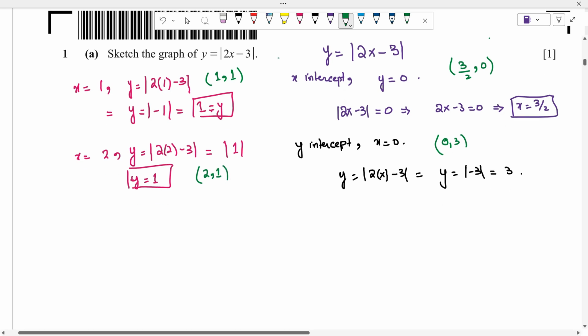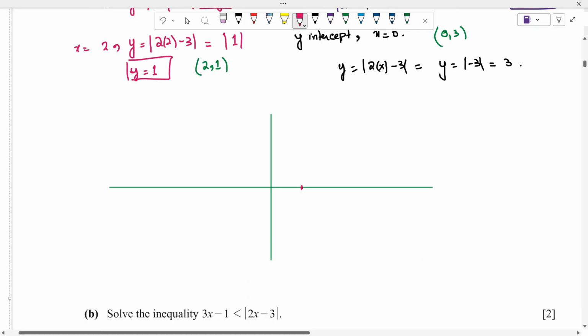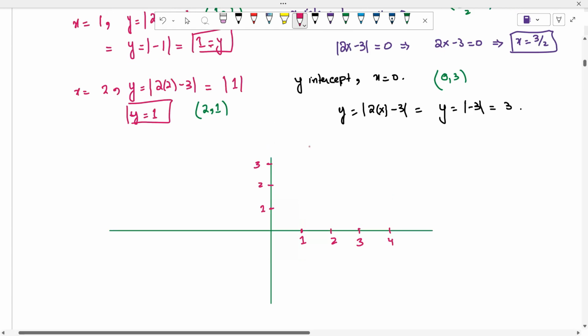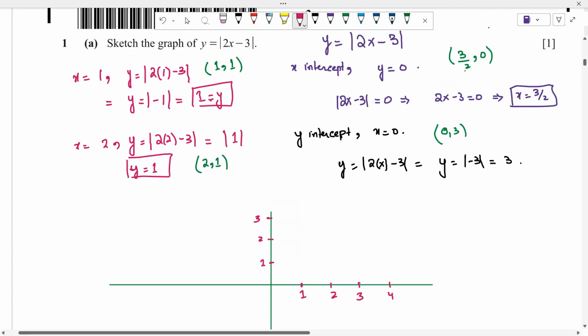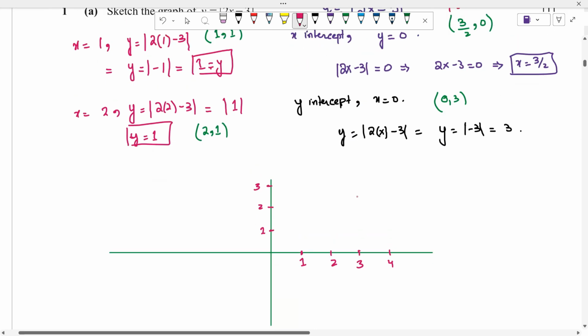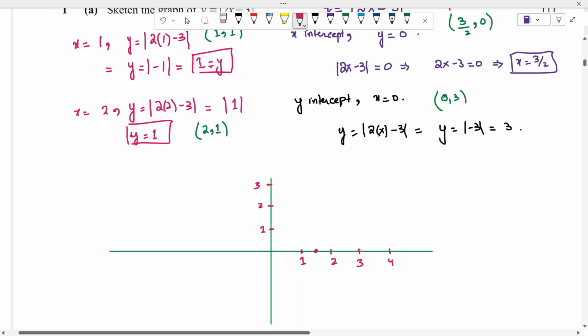Now let's plot it. This is the x-axis: 1, 2, 3, and this one is 4. And the y-axis has 1, 2, and this one is 3, suppose. Now we have to plot 3 over 2, which is 1.5, so this one is 3 over 2 comma 0.